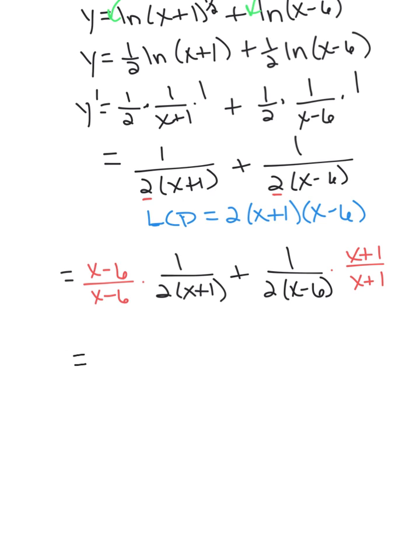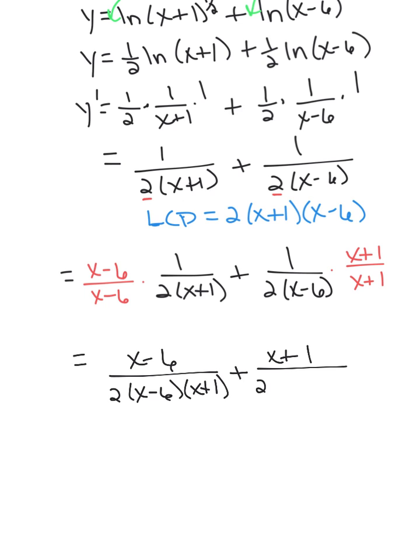1 times x minus 6 gives me x minus 6 over 2 times x minus 6 times x plus 1, plus 1 times x plus 1 gives me x plus 1 over 2 times x minus 6 times x plus 1.